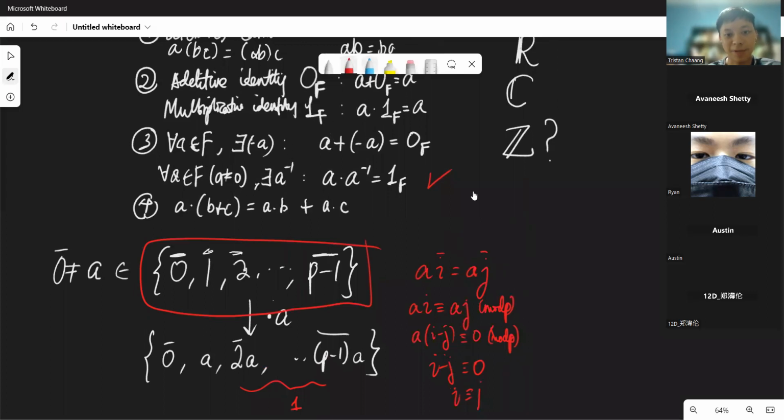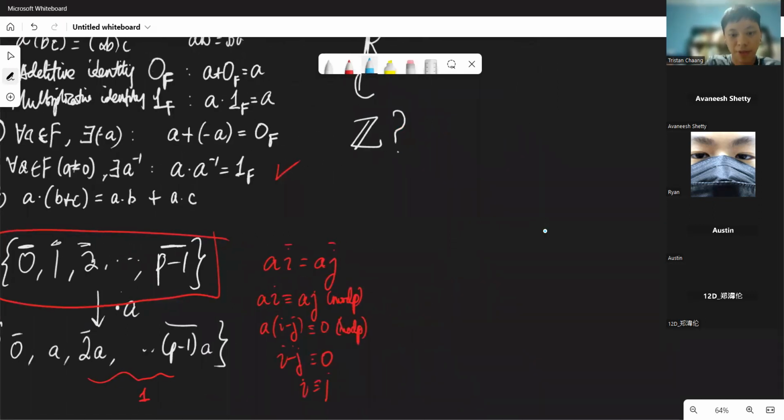Let's look at an example, right? Let's say we look at mod 7. 0, 1, 2, 3, 4, 5, 6. The mod 7 integers.